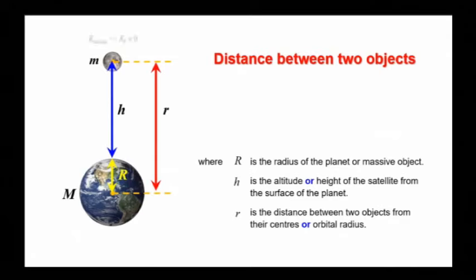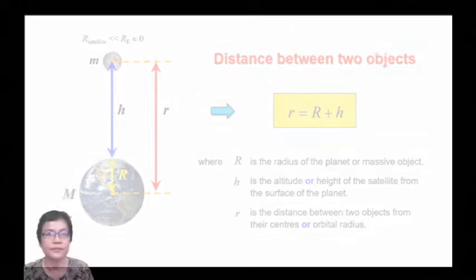Note that the radius of the satellite is negligible compared to the radius of Earth. Hence, we find that the distance between satellite and the center of Earth will be the addition between the radius of Earth and the altitude of the satellite. Any small object orbiting a massive object will be known as a satellite, yeah?